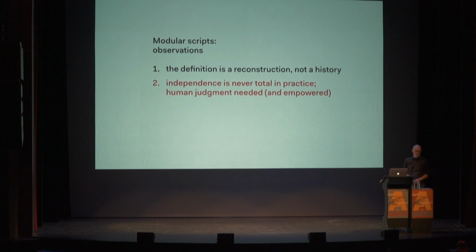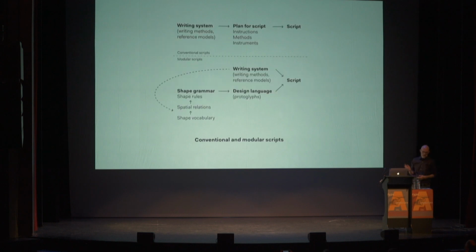So the relationship between modular scripts and writing systems actually looks a little bit more like this. Not just any generative shape grammar is going to do if you want to create a modular script. You need this little extra connection between your writing system saying, yeah, it's not just any system that's going to produce the shapes that I need.